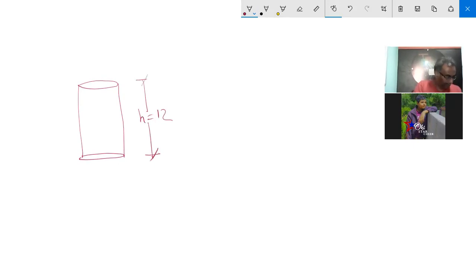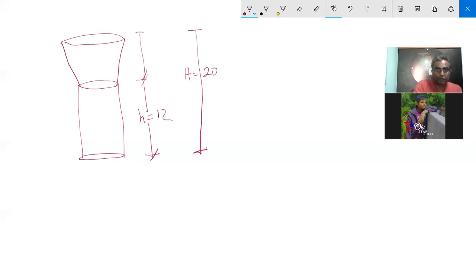But it is a frustum of a cone. It's attached to the cylinder at the bottom. The total height is 20 centimeters, H is equal to 20. So this frustum height is 8 centimeter.